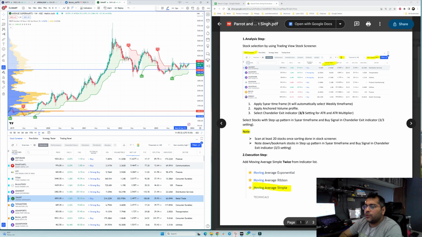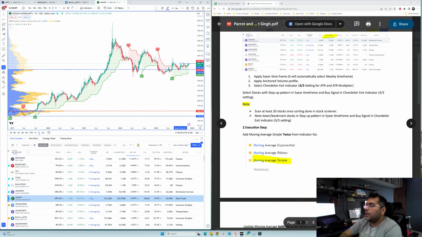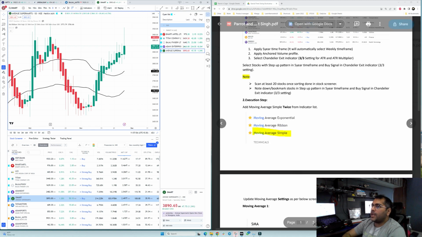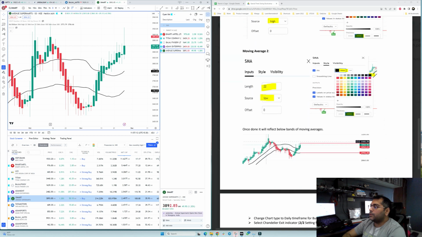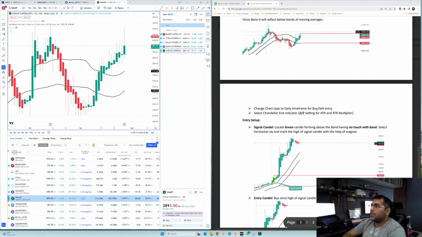So let's move to the second part where the execution step is there, and we have to execute our trade on the stocks selected. Okay, so here is the execution step where we have to create this band, and we have to select the stocks for the execution.